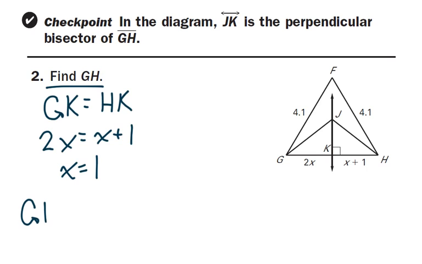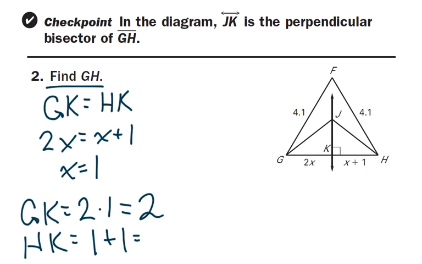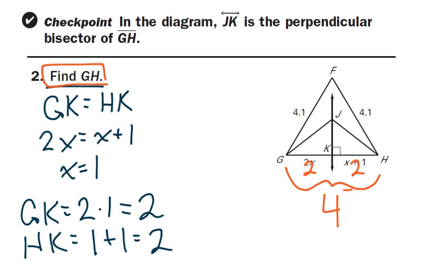If I plug that back in, GK is 2 times 1, or 2 units long. HK is 1 plus 1, or 2 units long. Now, pay attention to the question. The question was, how long is GH? So if GK is 2 units long and KH is 2 units long, GH would be 4. So that is our answer, 4 units long.